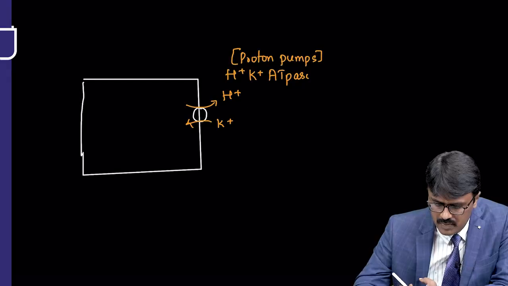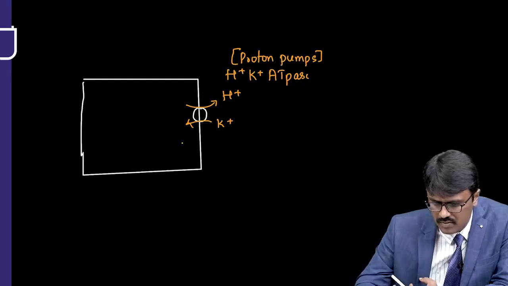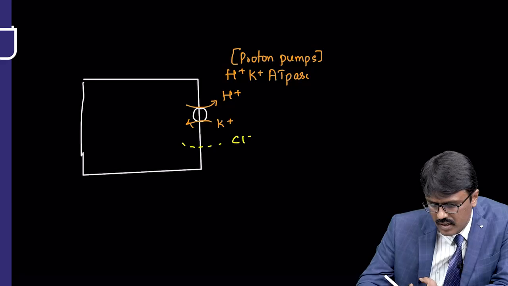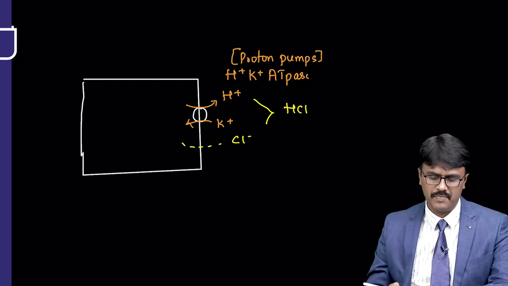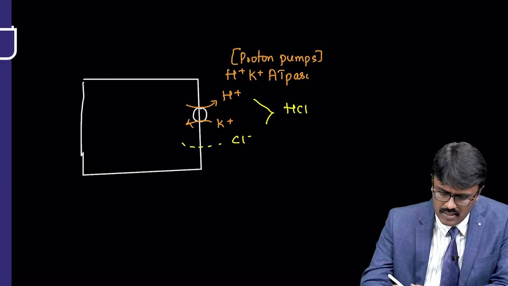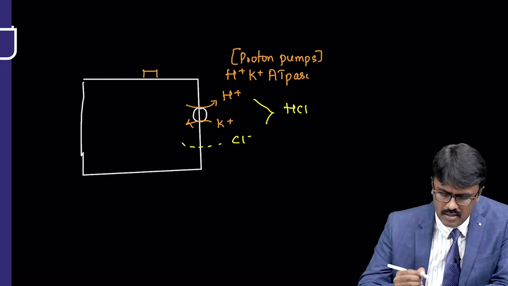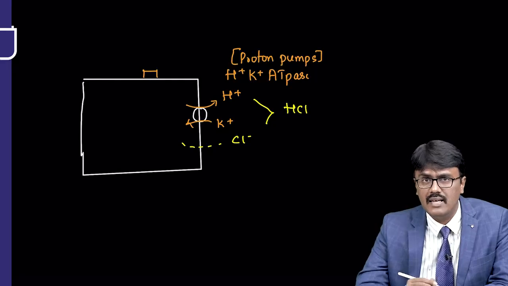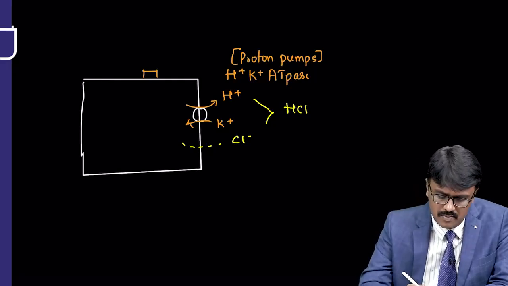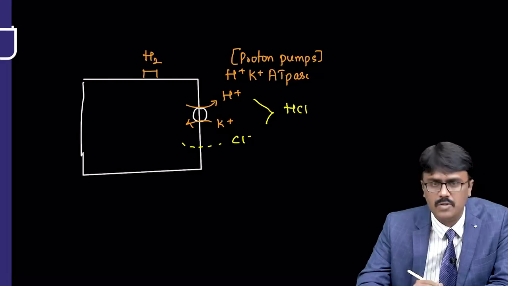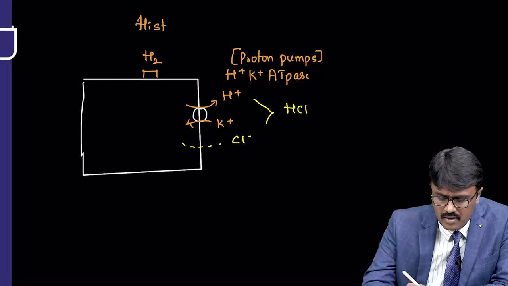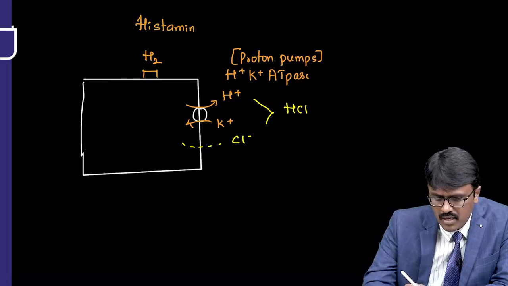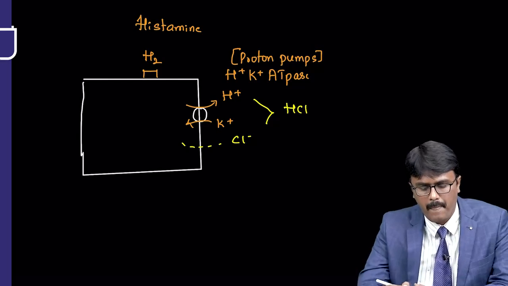Now along with H plus, there is arrival of chloride, and the H plus and chloride will form HCl. So that is how the HCl is produced. Now there are certain stimuli which will increase the HCl production. One is by activating the receptor called H2: there is an autacoid called histamine which can increase HCl production.